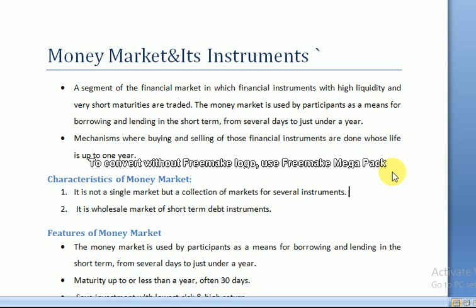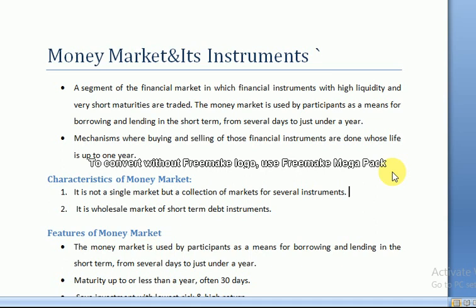All those securities which are traded in such a market, that market is called a money market. Hope you understand.